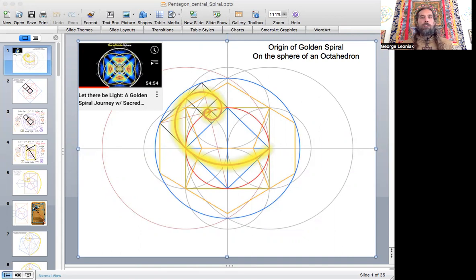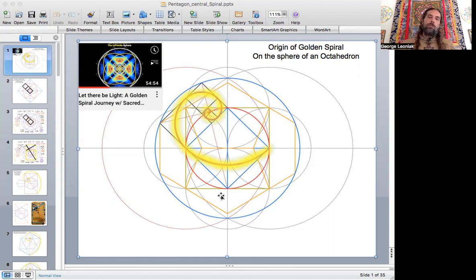In this video, I shared where the origin of the golden spiral relates to the structural geometry of an octahedron, the eight-sided form. If you extend those edges out in phi proportion, you create a golden rectangle in relationship to a sphere that is around the cube that the octahedron is within.